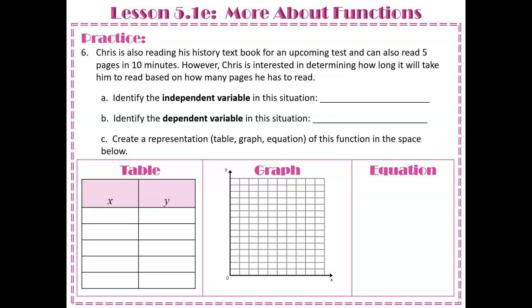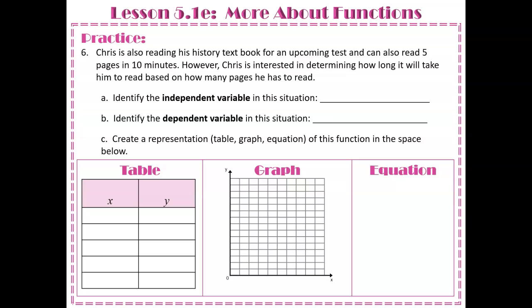We're not going to spend too much time with the graph and table here. I'd like just to identify the independent and dependent variable. Chris is also reading his history textbook for an upcoming test, and he also reads 5 pages in 10 minutes. However, he is interested in determining how long it will take him to read based on how many pages he has to read. So we're going to flip that upside down.